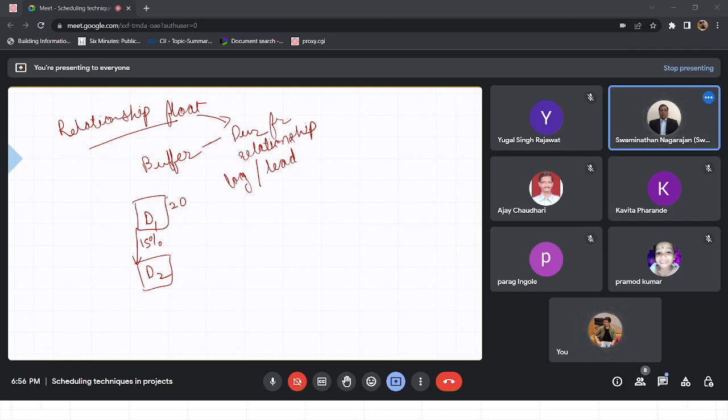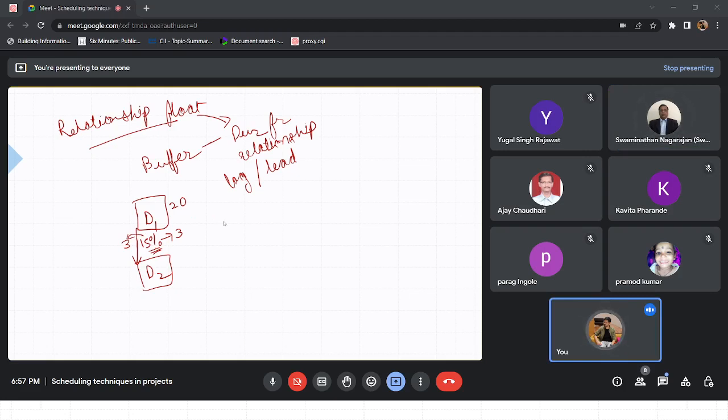So with 20, 15% of 20 becomes 3 days. That means that your lead or lag, what should be the term here? Lag. Okay, so lag is 3 here. So you understood, right? That for completing 15% of the D1, we have got 3 days now. This is kind of binding to it.